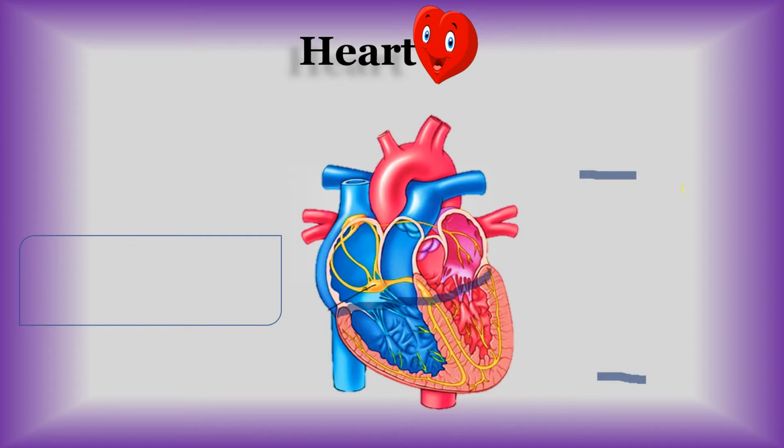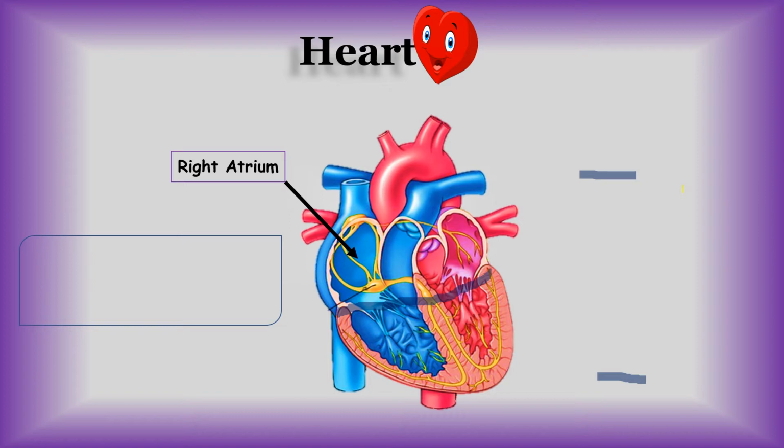In this picture you can see 2 colors in the heart, red and blue. Blue color represents the right side of the heart and red color represents the left side.